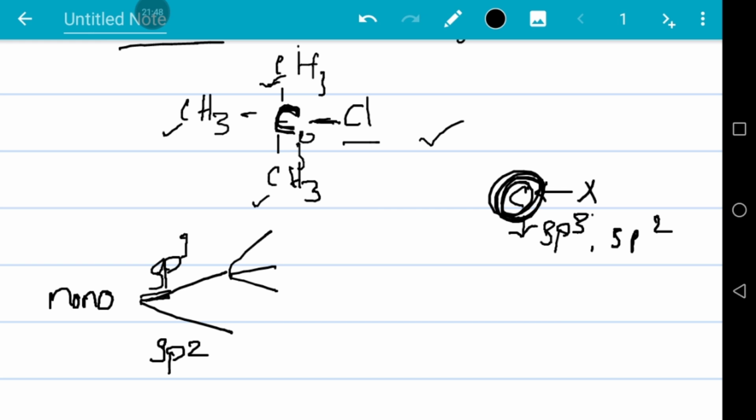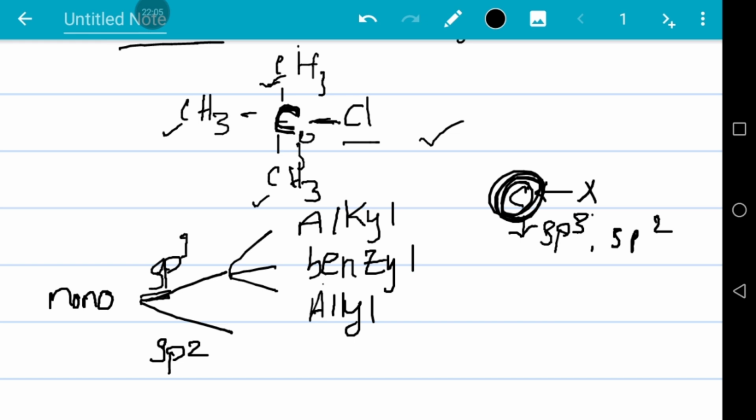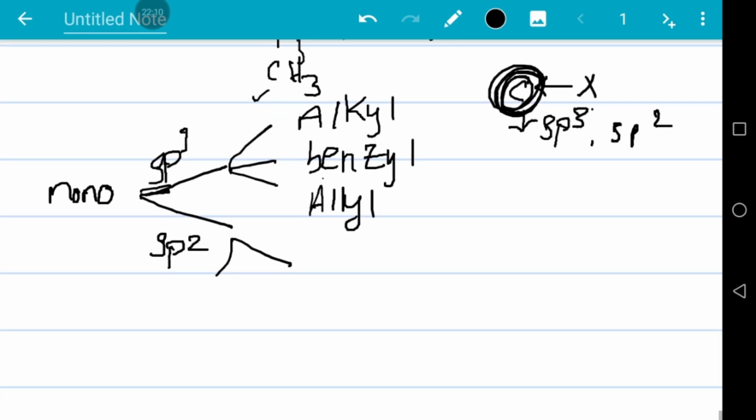The first one is the alkyl halide, the second one is the benzyl halide, and the third one is the allyl halide. Next, based on sp2, again two types: the aryl halides, and the vinyl halides. So this is one more classification.